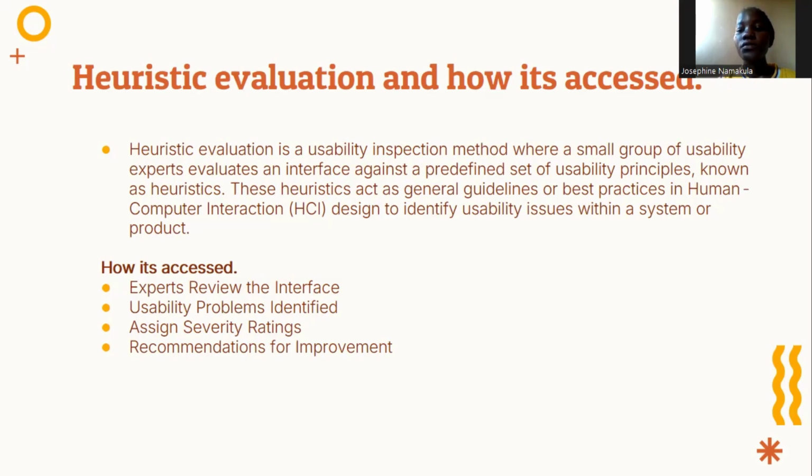So what do we mean by experts review the interfaces? A small group of usability experts evaluates the system based on heuristics like visibility of system status, error prevention, and consistency.